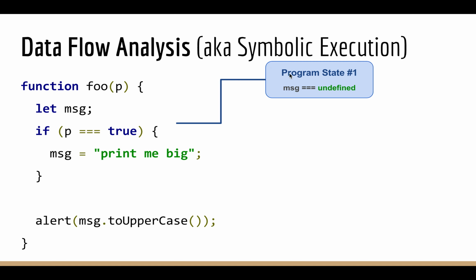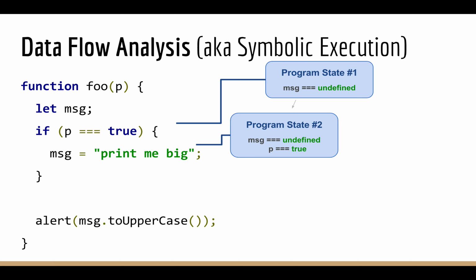We call it program state. Between each execution step, you have a program state. So what will be the state of the program on top of which we will apply the next step? The next step which will happen, we will check the condition. We will check p equal true or not.